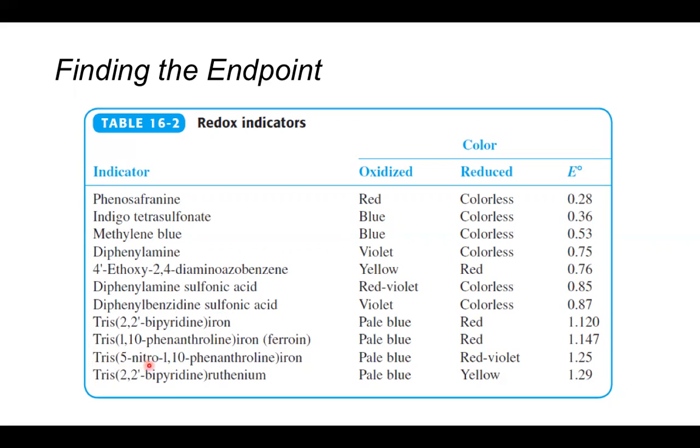Then we have tris-5-nitro-1,10 phenanthroline iron, and we have tris-2,2' ruthenium. So these are some common redox indicators. Whenever they go from the oxidized form to the reduced form, we have a color change typically. Some are going from color to colorless, and some are going from a light color to a much more vibrant color. And we can see the standard reduction potential for these different indicators.